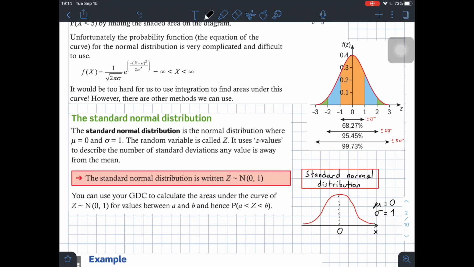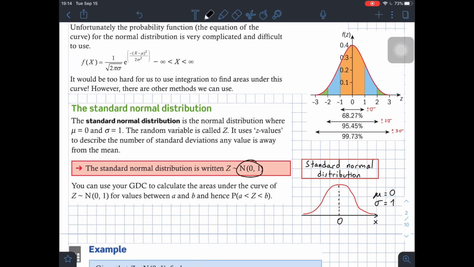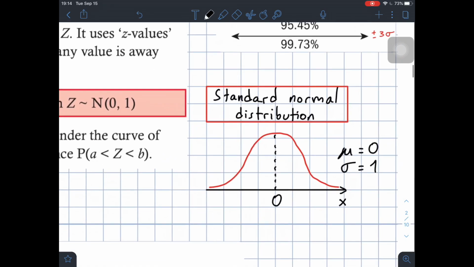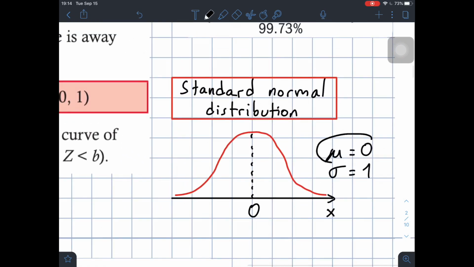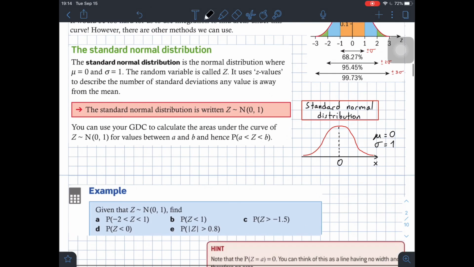But whenever you see the letter Z instead of X here, it means that we're talking about the standard normal distribution, which is a particular example of a normal distribution. Why is it particular? Because it always has a mean of 0 and a standard deviation of 1. So if we plot this, we do a bell-shaped curve, the mean would be at 0 and then the standard deviation is 1, right? We don't need to plot that in the normal curve.